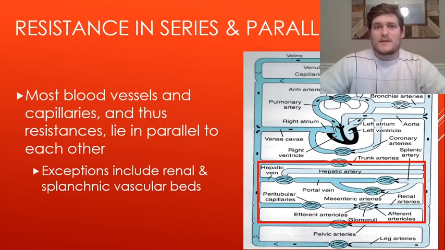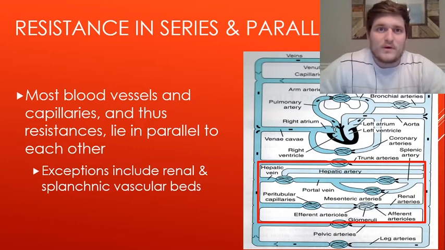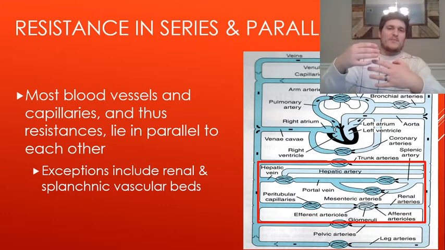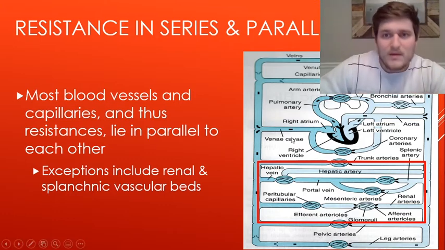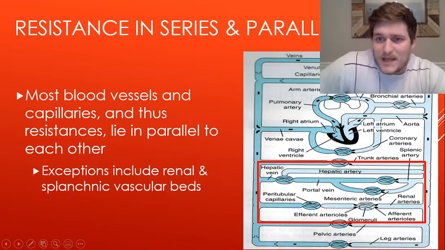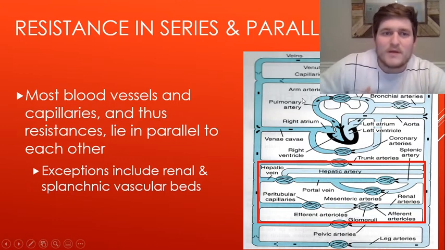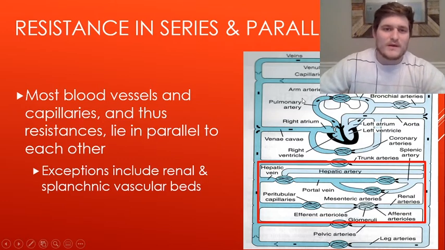As we discussed in our circulation overview lecture, the blood vessels of the entire circulation are mostly set up in a parallel resistance, meaning that all of the blood pathways to these different organs of the body run parallel to one another.